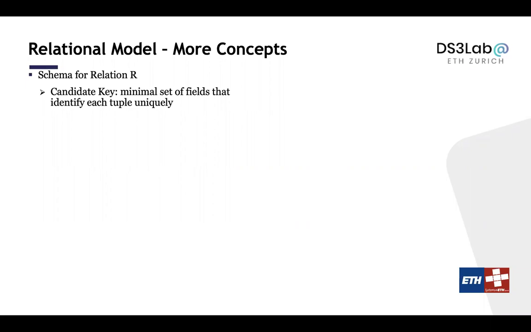So in other words, if a set of attributes is a candidate key, it means that there's a functional dependency from that set of attributes to all the other attributes in relation R. Okay, so there are so many different ways to think about candidate key.